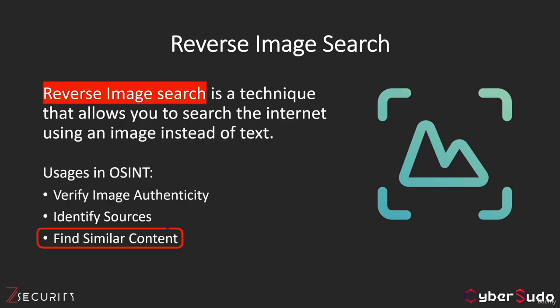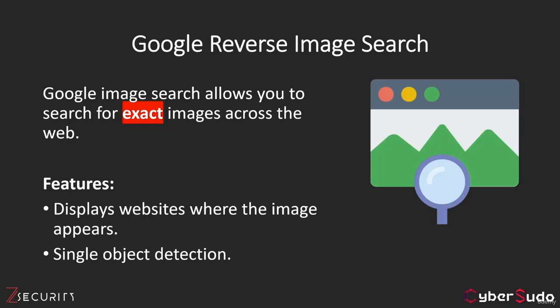And lastly, you can check whether there is any similar content or pictures to the one that you have uploaded to search engines. The first search engine that I would like to show you to perform a reverse image search is Google. Google has a huge database, and I always like to start with Google because it searches for the exact image that I have uploaded. For example, if I upload Rishi Kabra's profile picture, I'm going to see where this profile picture has been used on the internet, and I'm not going to see any similar pictures.